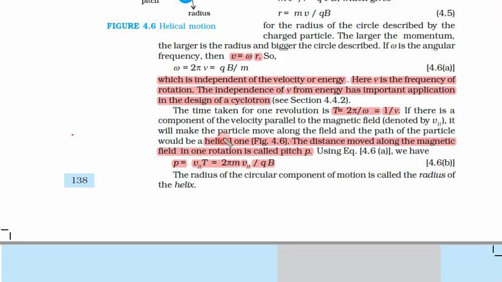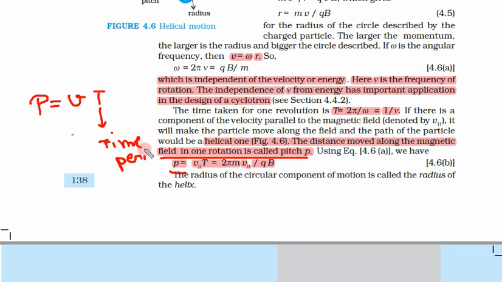So let us see what the pitch is here. The distance moved along the magnetic field in one rotation is called pitch. Pitch is P. Now we know distance traveled is equal to velocity into time, and time here is the time period, and velocity is v parallel.